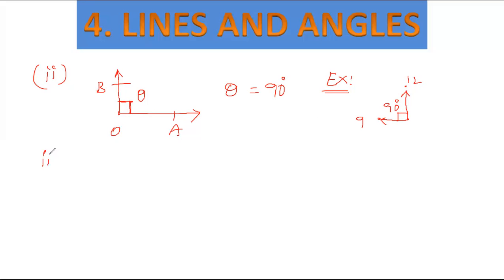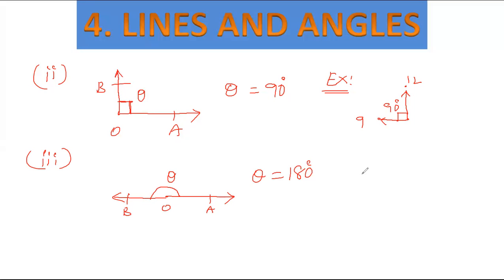Let us take another condition. Let us say we have OA ray and OB ray like this. Now, if angle is asked between them, we will say theta is equal to 180 degrees.